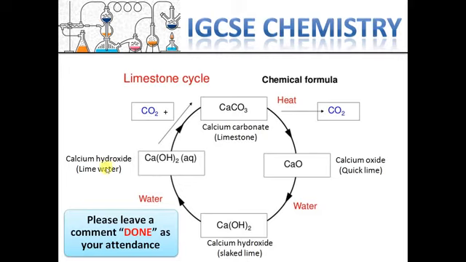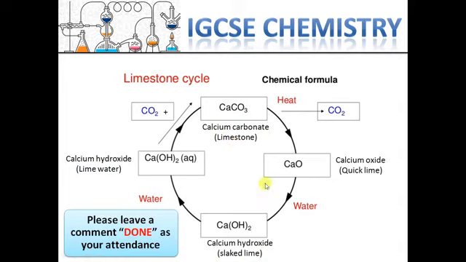Then again, if calcium hydroxide or lime water receives carbon dioxide from the atmosphere, or if the place has a factory and the atmosphere is polluted with carbon dioxide, this lime water can change again and return to calcium carbonate, which is called limestone.